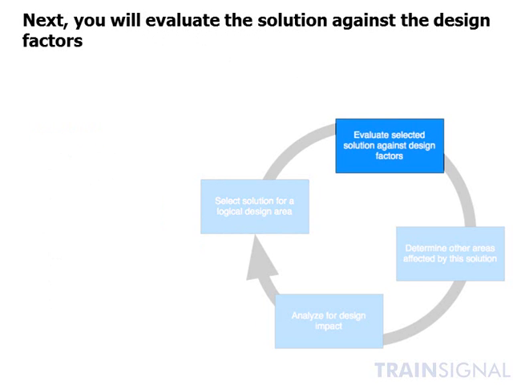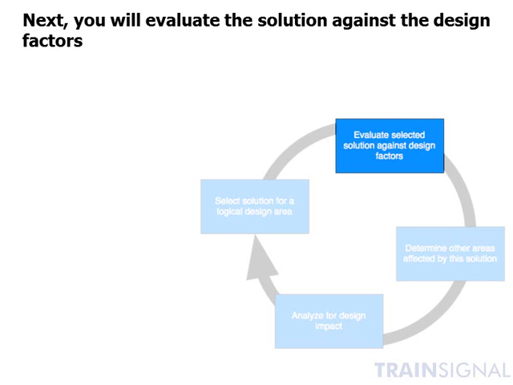In the second step, once you've determined or selected the solution, you're then going to evaluate the solution against the design factors. You're going to evaluate the solution against the guiding principles for the design factors, the risks, the requirements, the assumptions, and the constraints.